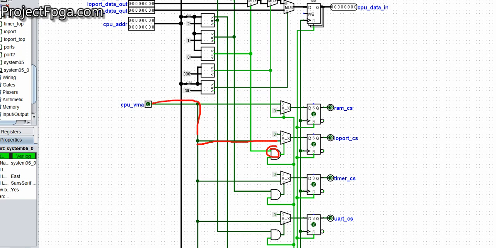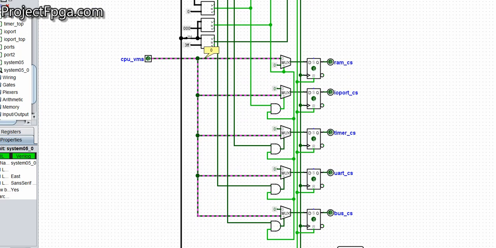You can actually see that this CPU VMA, let me highlight it, went into all of this, and it means whenever any of these AND gates are on, it takes this value. Whenever any of these AND gates is on, it takes the value of the CPU VMA. The same here and here. Else the CPU VMA should select the RAM chip select.